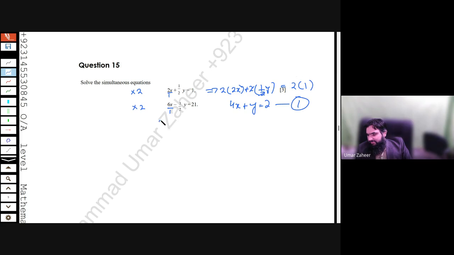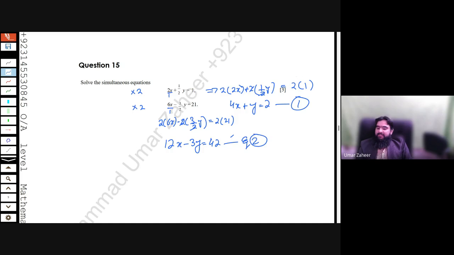In the same way, multiply 2 with the second equation. 2 multiplied by 3 by 2y is equal to 2 multiplied by 21. It will be cancelled out to be 12x minus 3y is equal to 42. That will be your second equation.